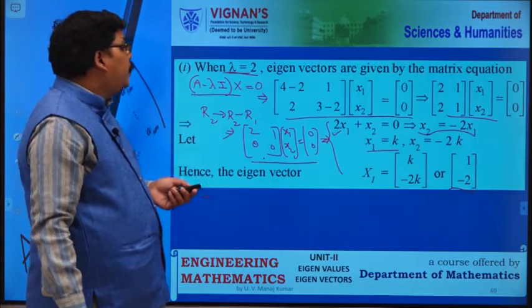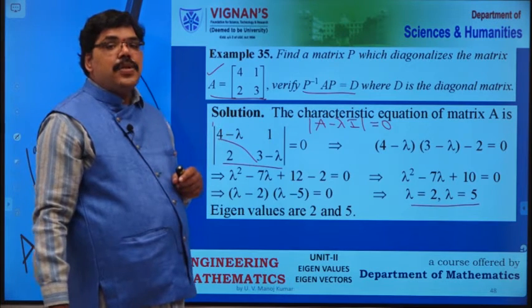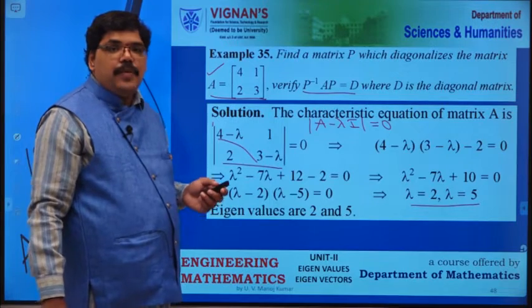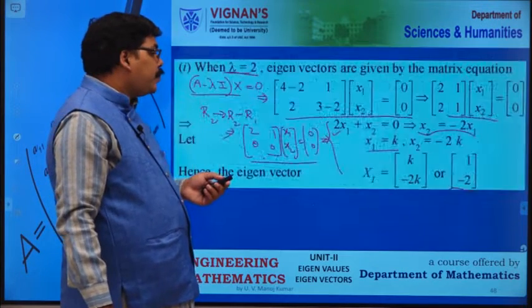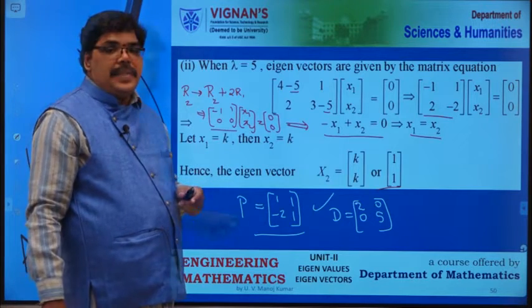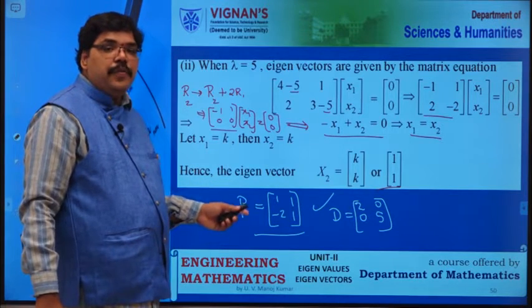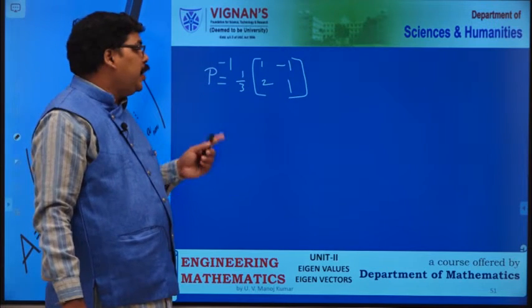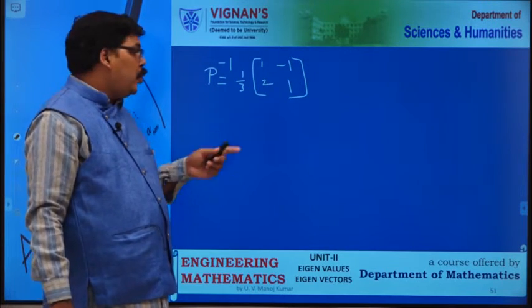In the problem, we are asked to verify whether the relation P inverse AP equals D is true or not. We know what P is, so let us write P inverse. If you find the inverse of the model matrix P, we get P inverse equals 1 by 3 into 1, minus 1, 2, 1.